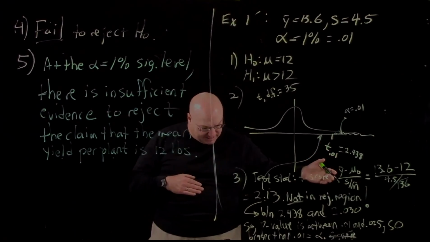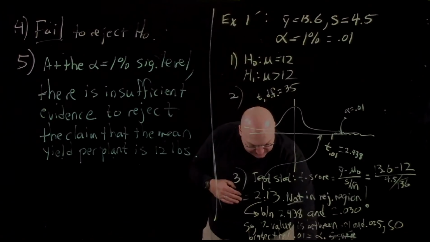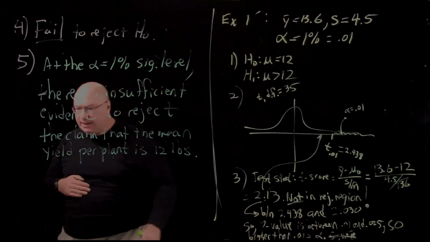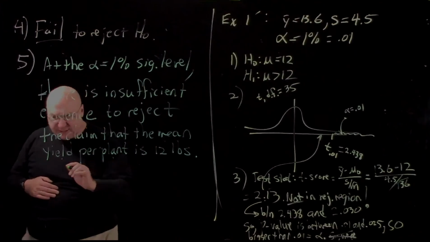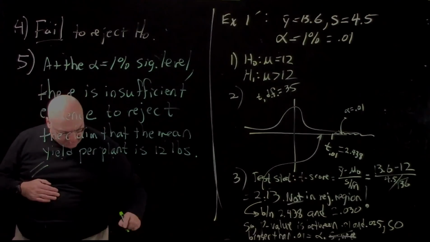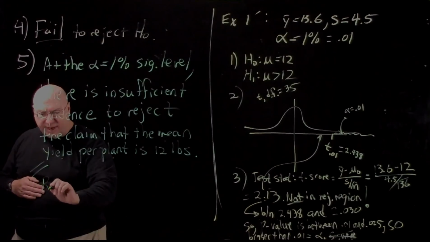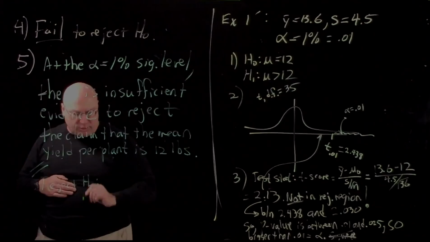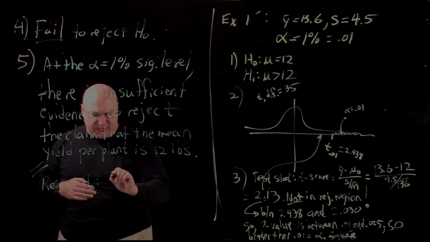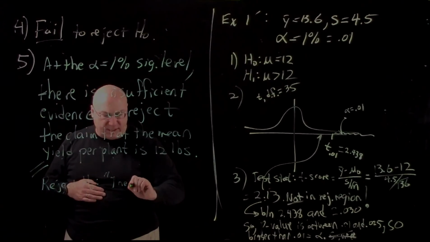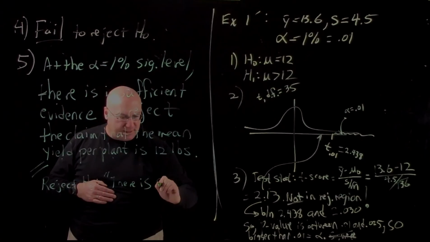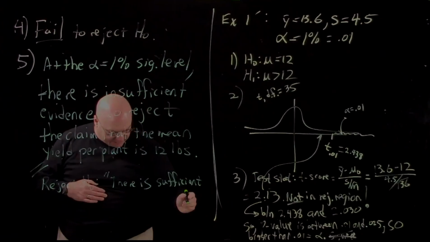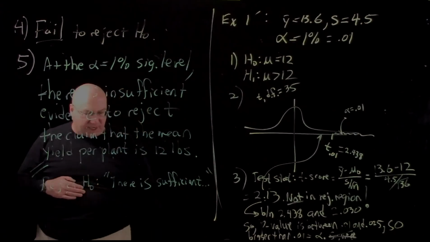I want to point out here, at the very bottom, think about this. In the final conclusion, we either reject H naught, and when we reject H naught, we can start with the statement, there is sufficient evidence to reject H naught.